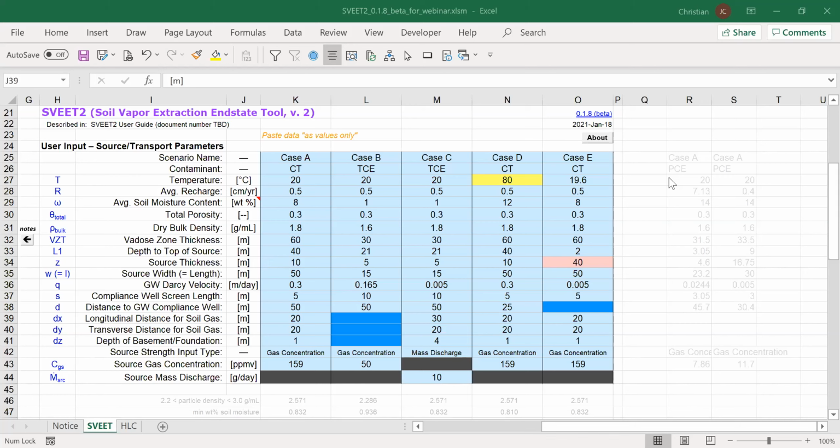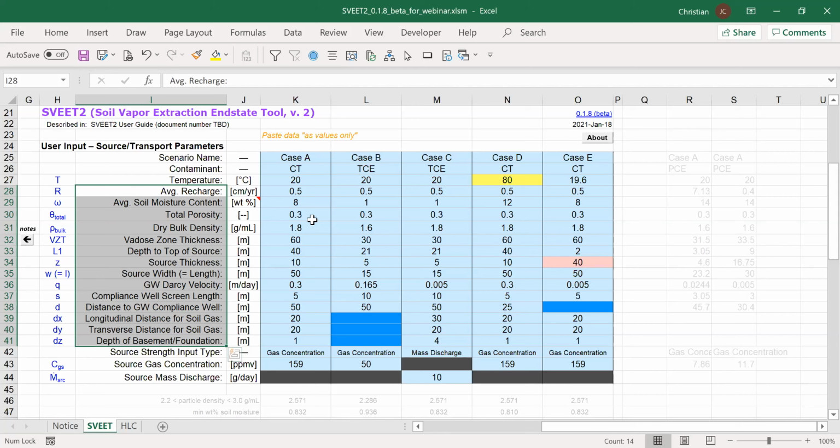Could you please explain again why the SVE tool has 5 case scenarios and how to use them? So what we did is we looked at these parameters here to see which of these have a nonlinear relationship between the source and the estimated concentration in groundwater or soil gas. Which of these are nonlinear in terms of their relationship as you change the parameters, right?